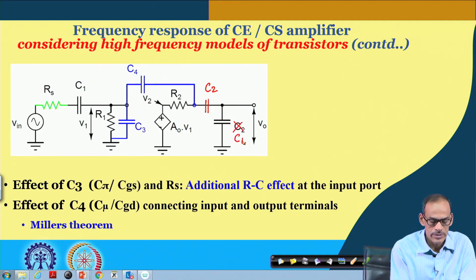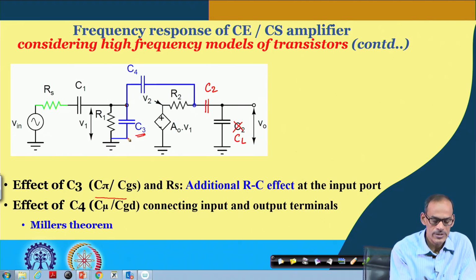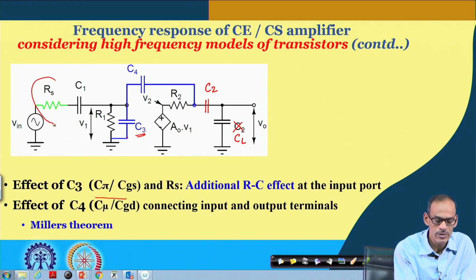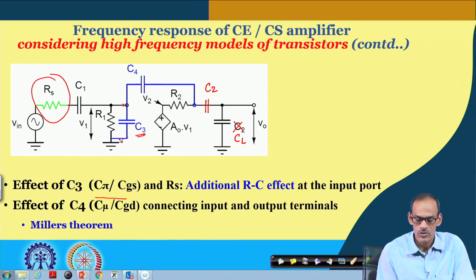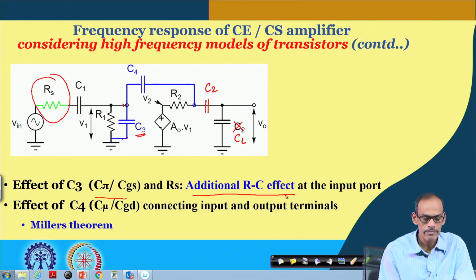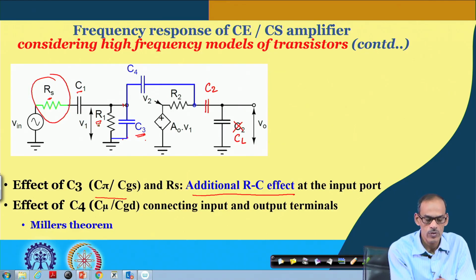Now, as I said, C3 is the input port capacitance, and it forms an RC circuit with RS and the equivalent parallel capacitance. So, it introduces an additional RC effect at the input port. Earlier, in the absence of RS and R3, we used to consider only C1 and R1 to get the frequency response. Now we have this resistive element and this capacitive element.